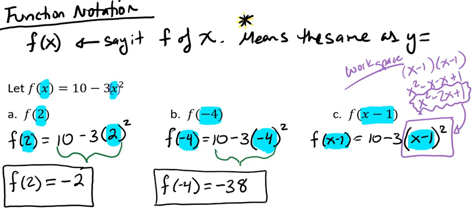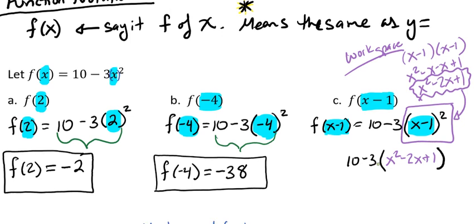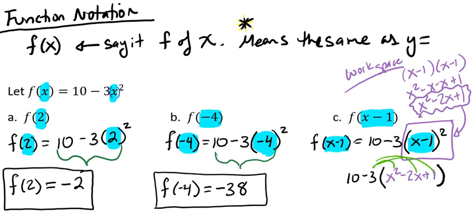So now we have f of x minus 1. In fact, you don't even have to write that till you're ready to go. So we have 10 minus 3 times x squared minus 2x plus 1. Then we're going to need to distribute that negative 3. And when we distribute that, we're going to have 10 minus 3x squared plus 6x minus 3.